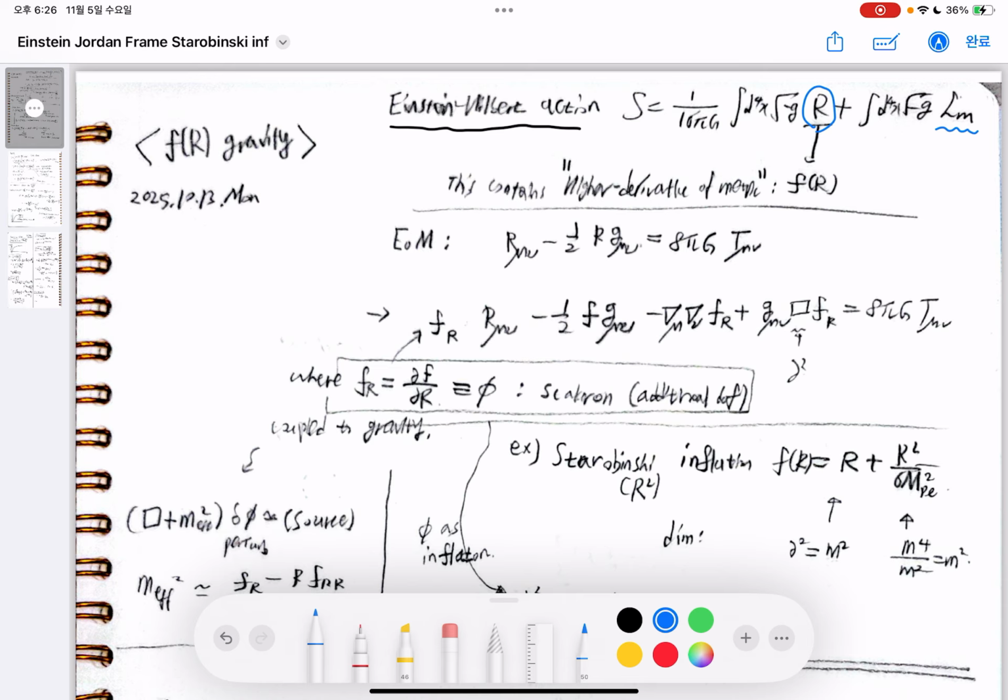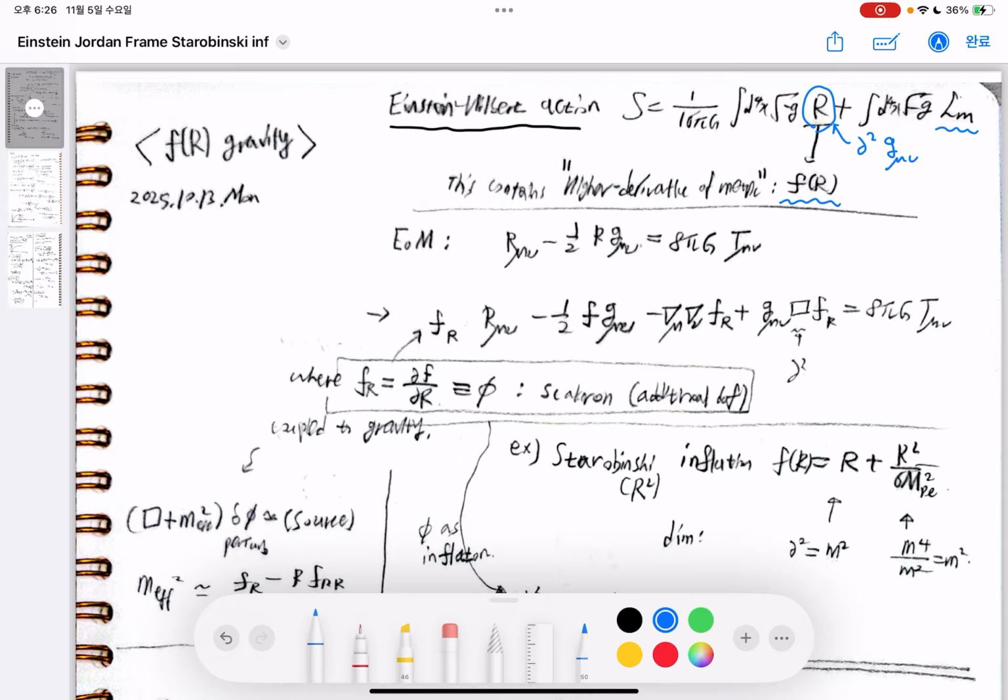But this can be generalized to a function of the Riemann curvature, so-called f(R) gravity. This contains higher derivatives of the metric rather than just a simple Riemann curvature tensor. R contains the second derivatives of the metric.